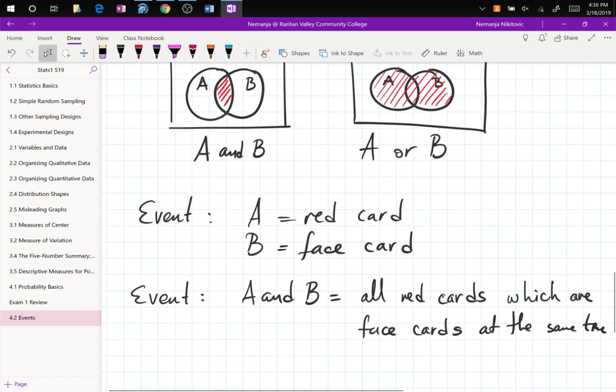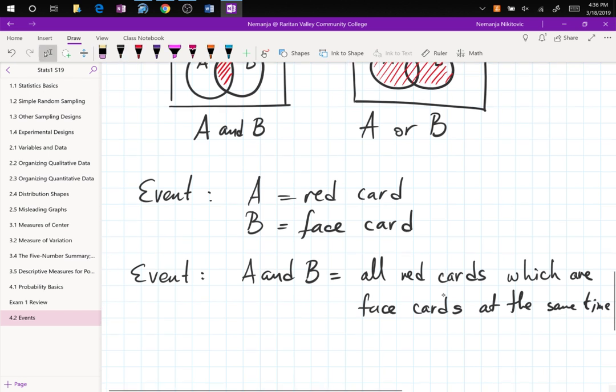So what do I have? I have Jack of Hearts, Queen of Hearts, King of Hearts, Jack of Diamonds, Queen of Diamonds, and King of Diamonds. I should have put these symbols in front, right?